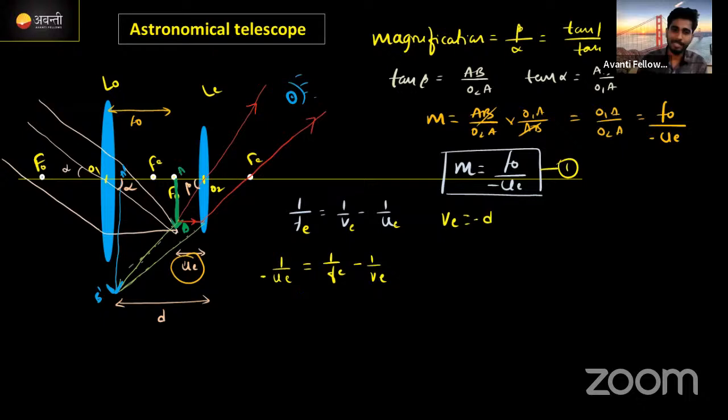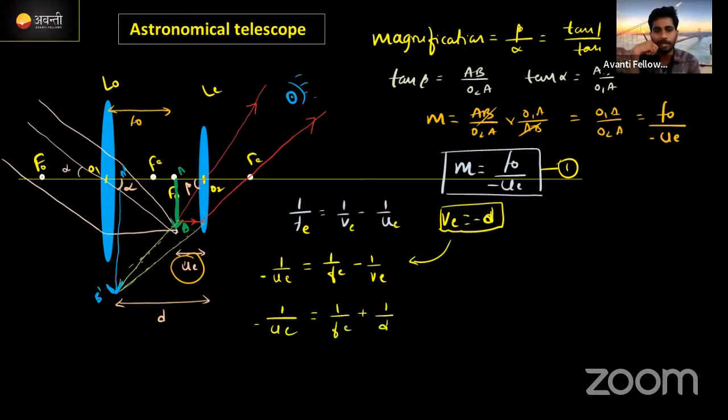Cool. नेक्स्ट क्या होता है? नेक्स्ट पॉइंट v का वैल्यू माइनस d है, right? Substitute this value in this equation, then you will get minus 1 by ue is equal to 1 by fe plus 1 by d. माइनस इंटू माइनस प्लस होता है ना? खत्म, नाटक बंद. क्लियर? राइट व्हाट आई एम सेइंग?